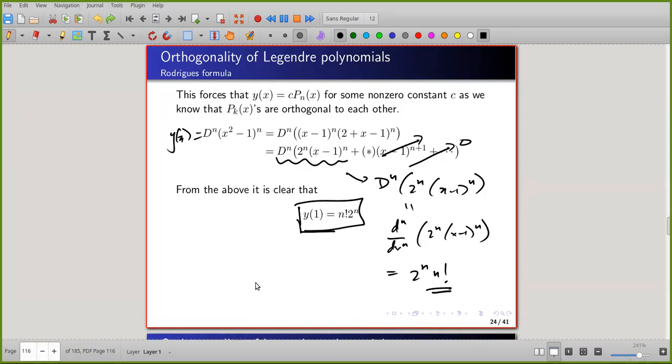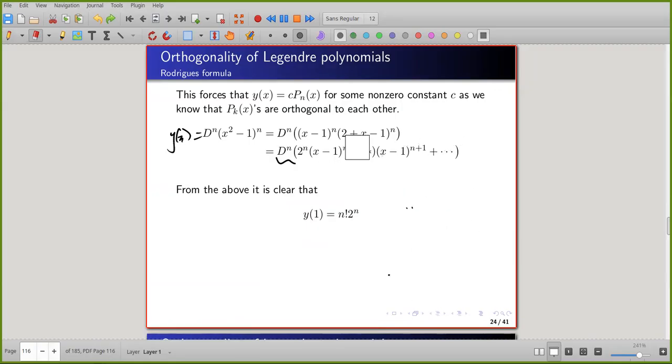So yeah, I can explain this. We have concluded that the integral from minus 1 to 1 of y of x pk of x is equal to 0 for k strictly less than n.